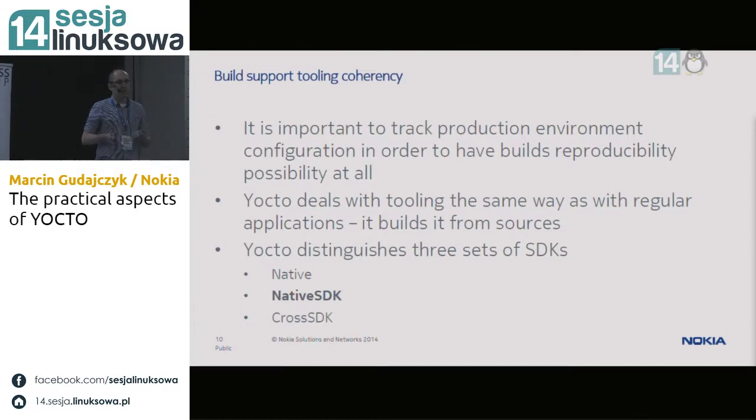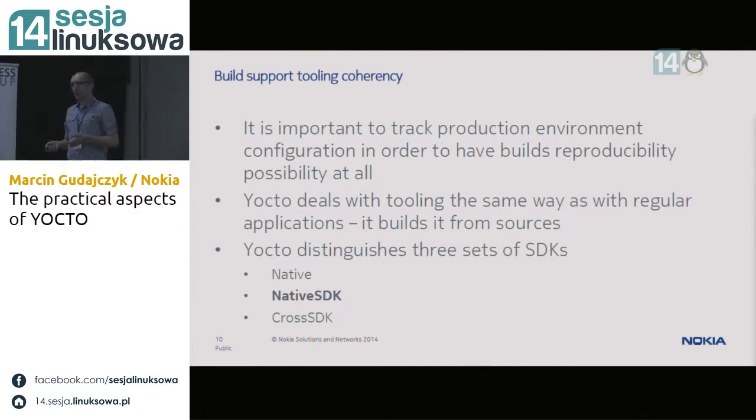If we don't have such a possibility, this will be a threat to our production, because whenever we have to get back to the old release and reproduce the build, we have to rely on the stable environment which is used for our application development and production, right? And how does Yocto actually support us with this?